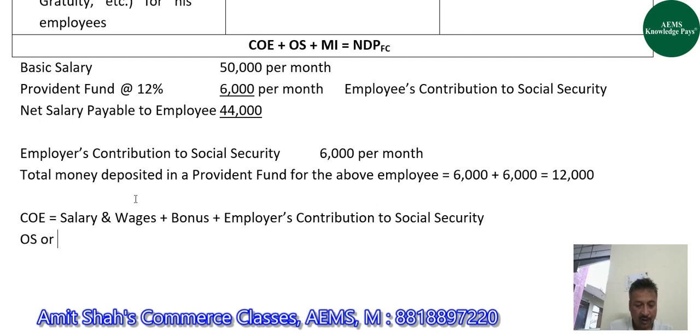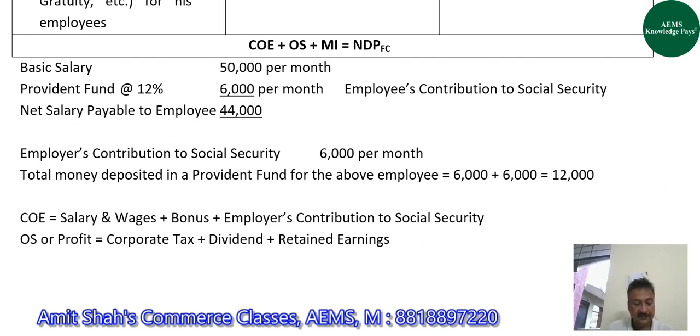Operating surplus or profit is equal to corporate tax plus dividend plus retained earnings. And mixed income is rent plus royalty plus dividend plus interest.